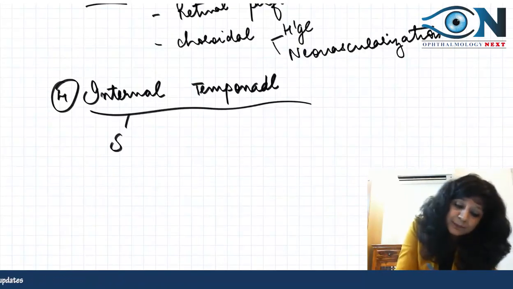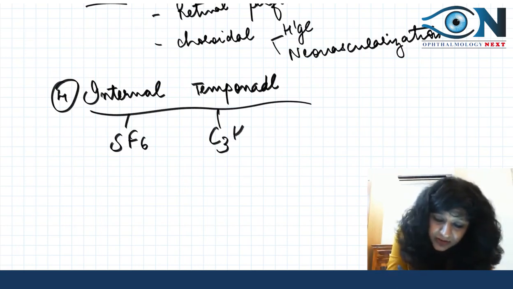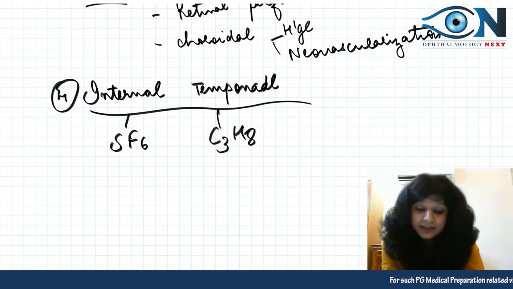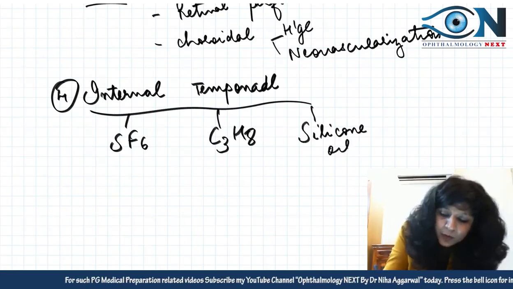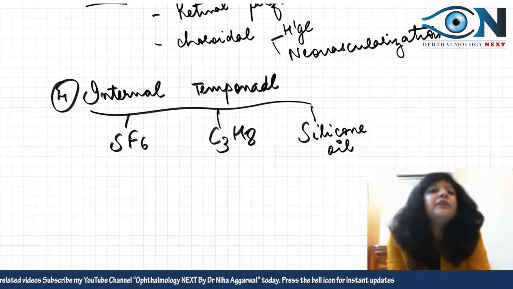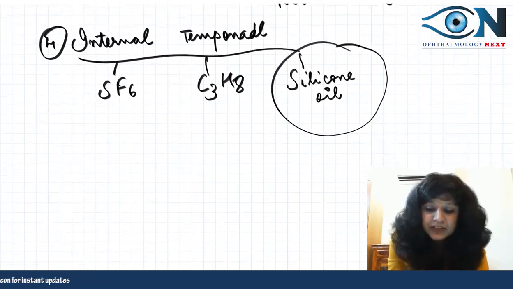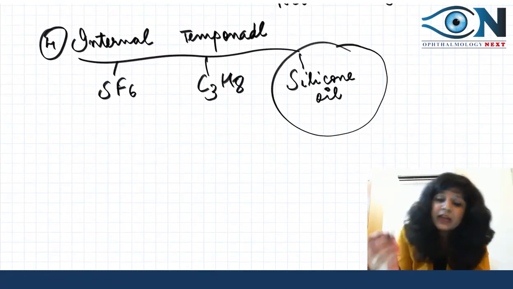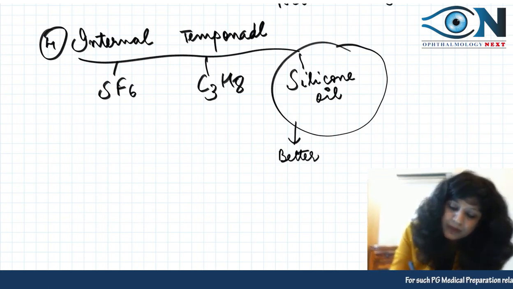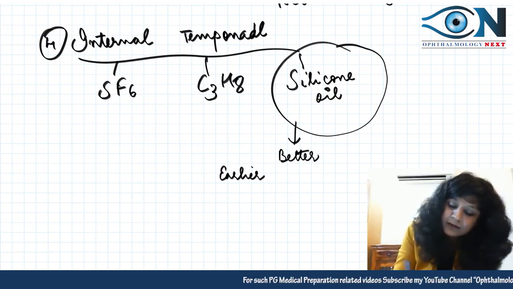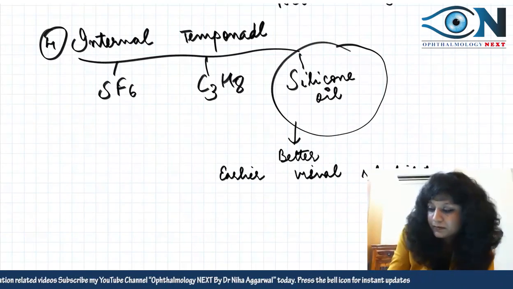I can use the SF6 gas, I can use the C3F8, that is perfluoropropane, or we can also use the silicone oil. Depending upon the center's preference and individual choice, we can use any of these, but the silicone oil is considered to be better, because here we have earlier visual rehabilitation.